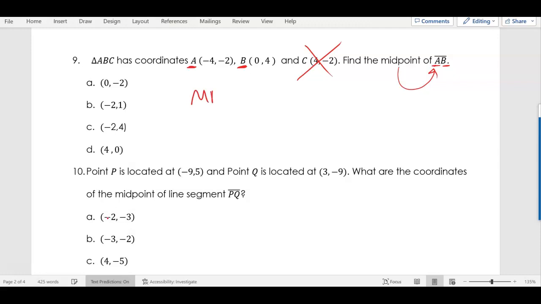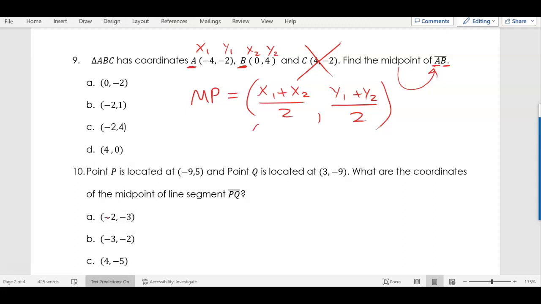The midpoint is x1 plus x2 divided by 2, comma, y1 plus y2 divided by 2. Okay. So all I have to do is plug in my x1 and my x2.